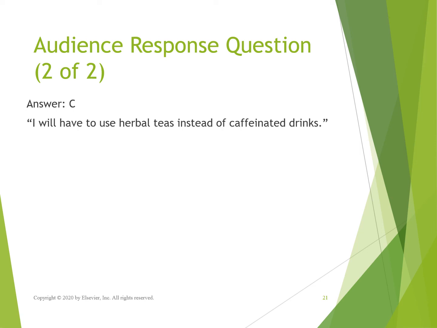They don't have to necessarily eliminate all spicy foods. It really just depends on a trigger, but this is a good alternative to the caffeinated drinks, doing herbal teas instead. So that's our best indicator that our teaching has been effective.